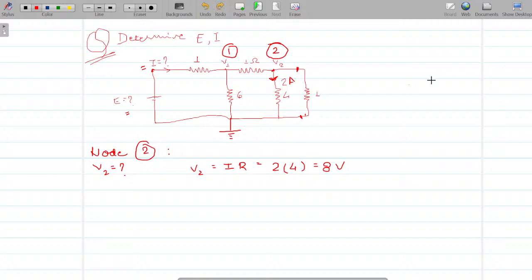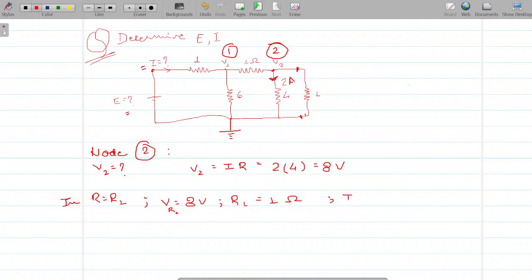So in resistance R1, can I say the voltage across R1 is equal to 8 volts and the resistance R1 is equal to 1 ohm?